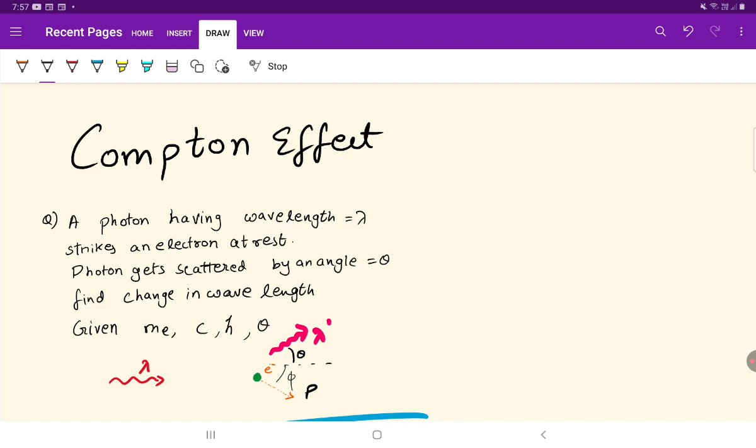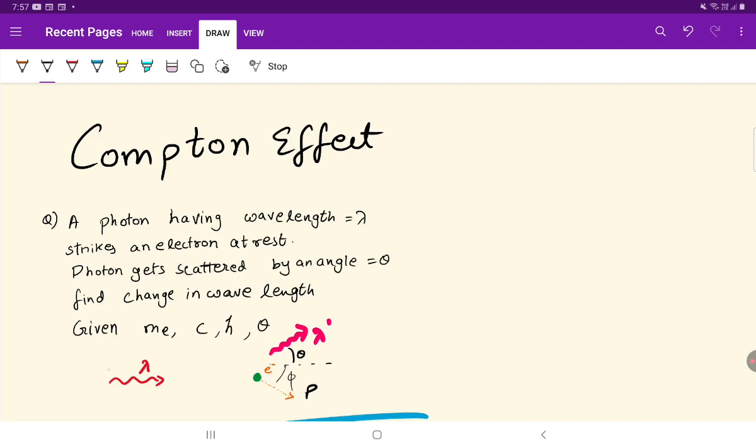So let's get started. The question says that a photon having wavelength lambda strikes an electron at rest. The photon gets scattered by an angle theta. Then you have to tell me the change in wavelength of the scattered photon with respect to the initial incident photon.